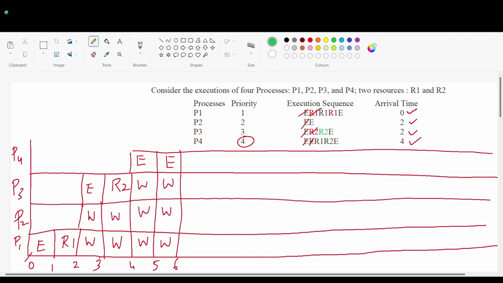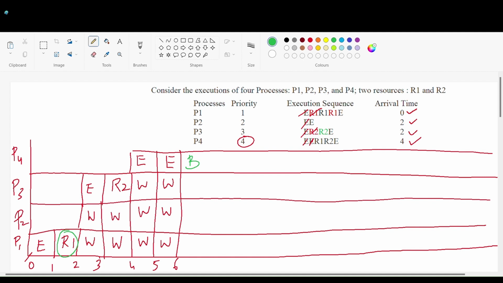But R1 is already occupied by P1, so R1 is not available. If a process wants to execute a resource but that resource is not available, the process will go to the blocked state. So the process P4 is blocked now.